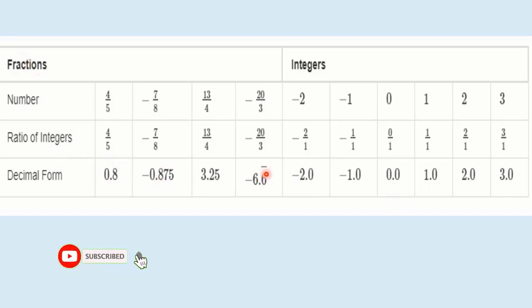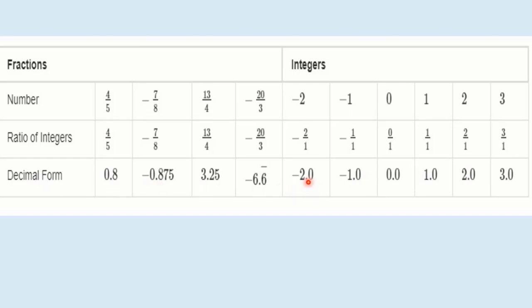So this is the basic difference between the decimal form of fractions and integers. Many students get confused about how to differentiate decimal forms of integers and fractions.